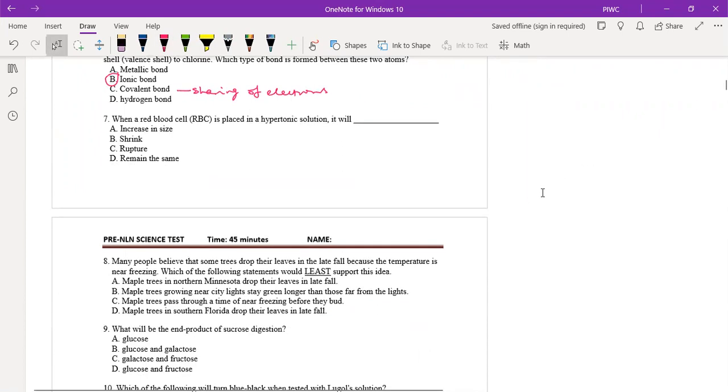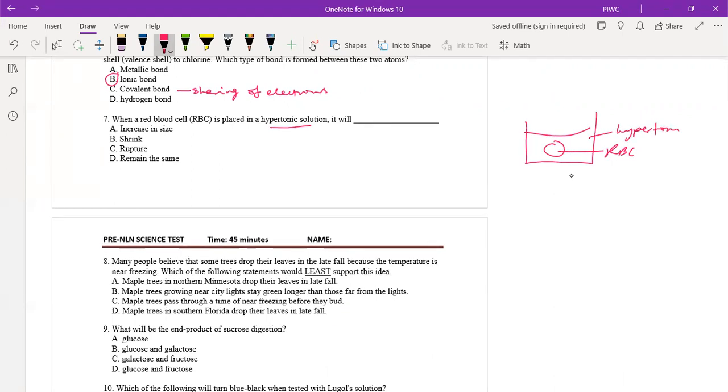All right. So number 7. When a red blood cell is placed in a hypertonic solution, it will A, increase in size, B, shrink, C, rupture, D, remain the same. So what will happen?